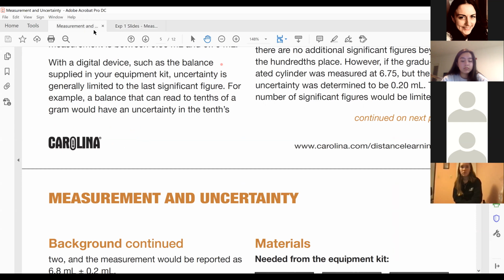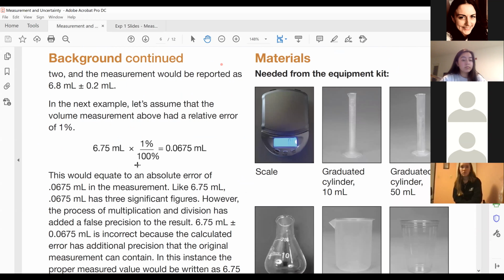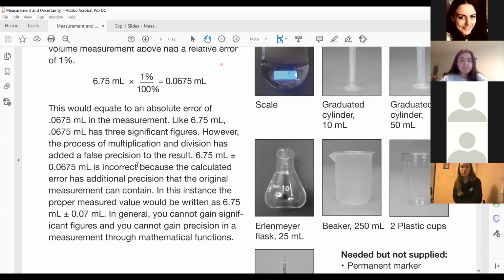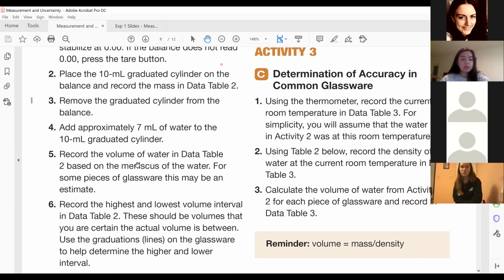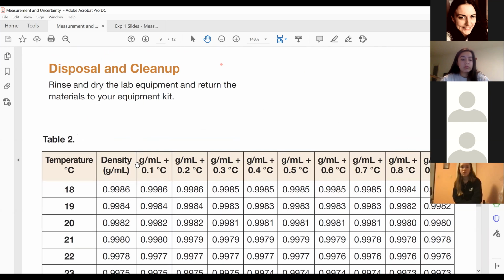Hopefully you can see it. Does this look familiar? Can you see the procedure from Carolina here? Can you see it on your screen? Yeah. Okay, good. So at the bottom, almost at the end, they have table 2.